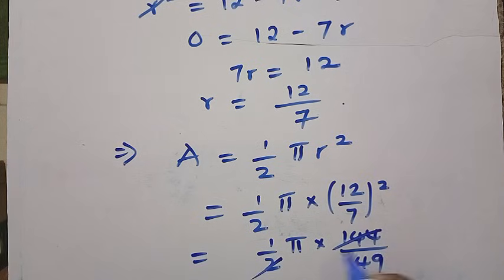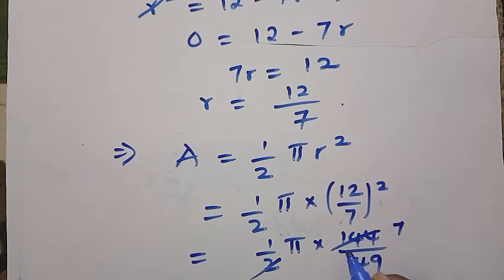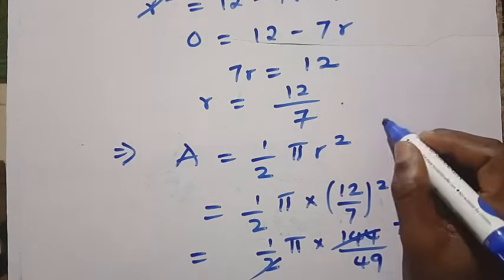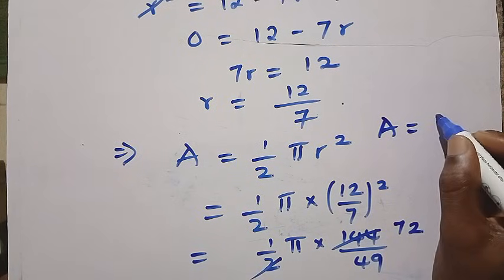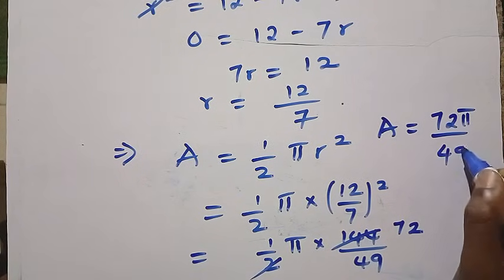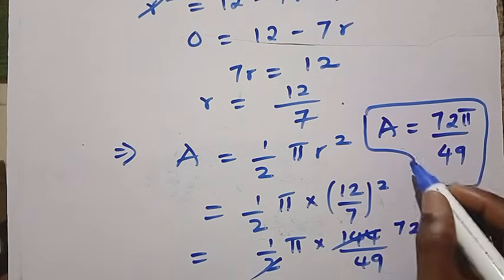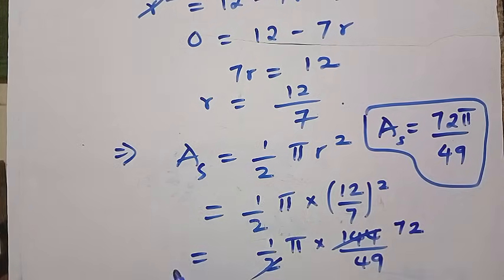So 2 goes into 144 seventy-two times, and we have 14 here. Then the area equals 72 pi divided by 49. And this is the value for the area of the semicircle.